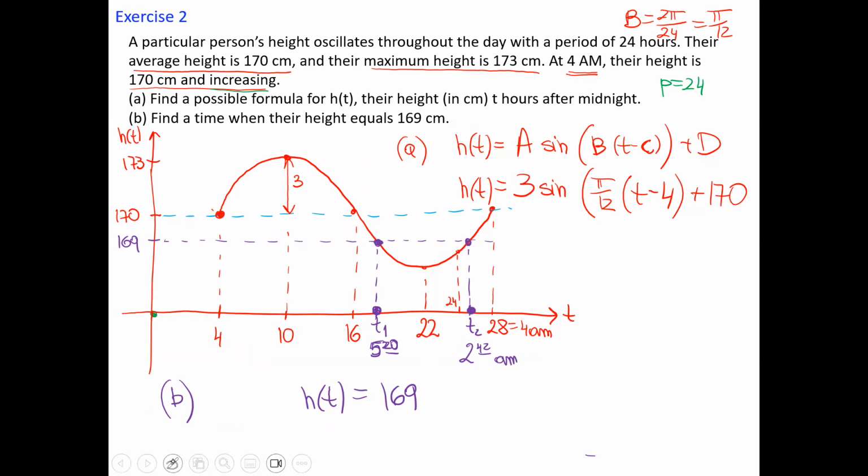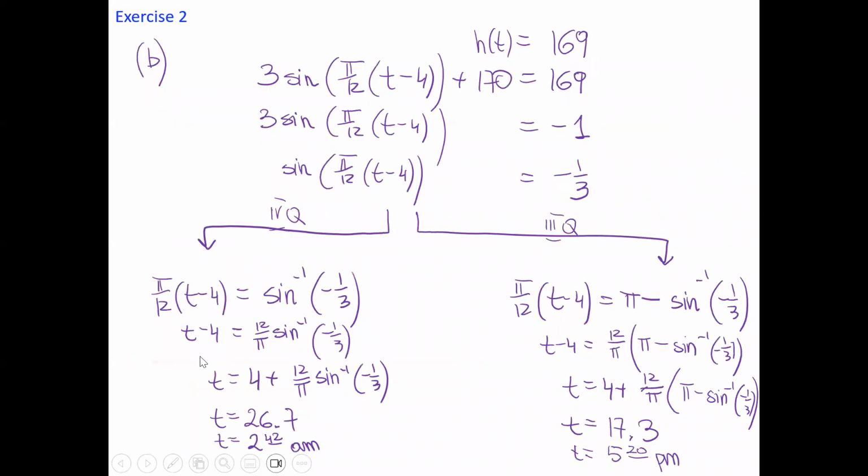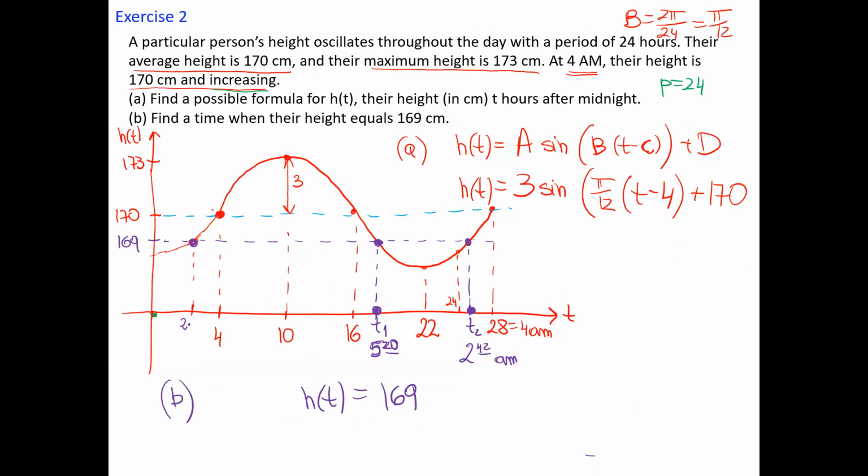Because it's periodic, we can add or subtract 24 hours and we will get the same thing. So 26.7 becomes 2.7, and 2.7 is 2 a.m. and 0.7 of an hour, which is 42 minutes.